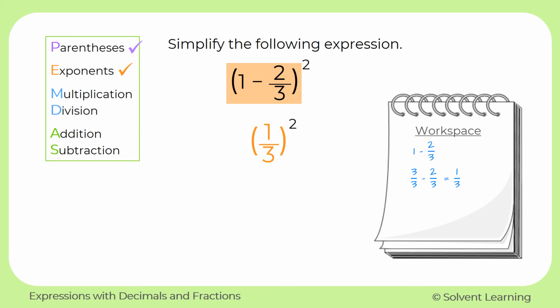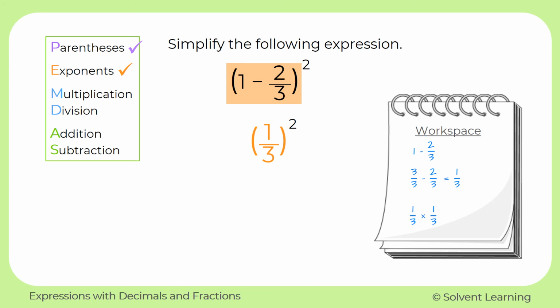Okay, so now we just have to perform our exponent step. Okay, and since our exponent is 2, that means that we're going to multiply that 1/3 by itself. We're going to multiply 2 of those together. So it'll be 1/3 times 1/3.